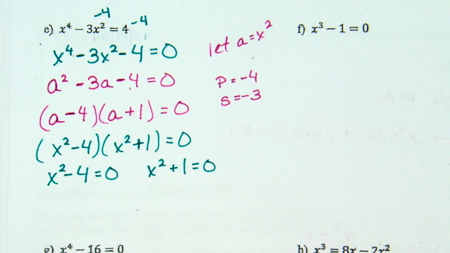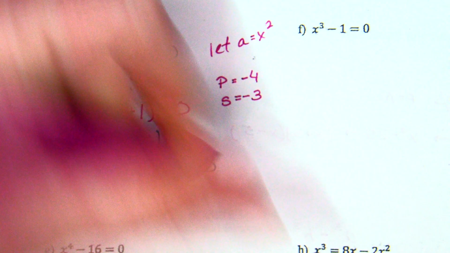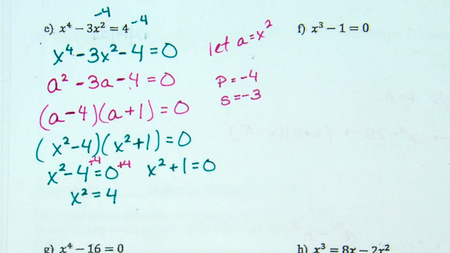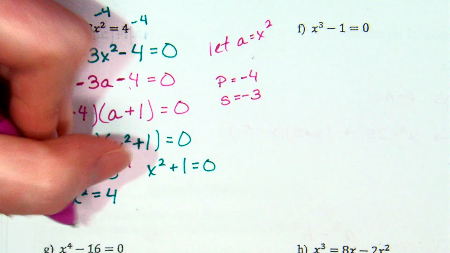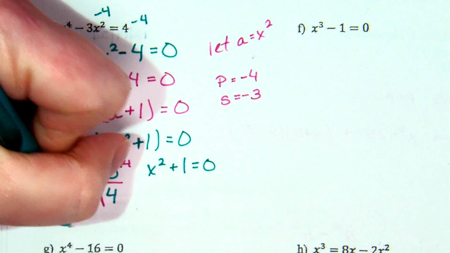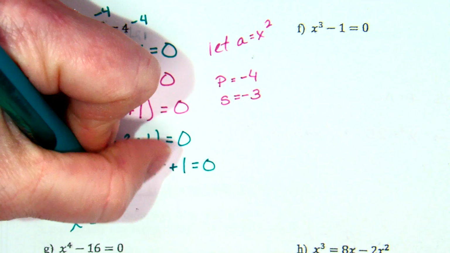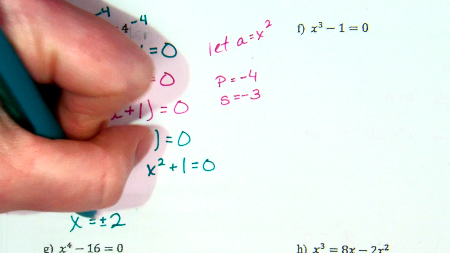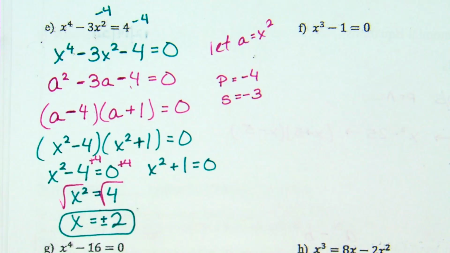Since it's just x squared, I can get x squared by itself. Since it's x squared minus 4, I can add 4. And then I'm going to have x squared equals 4. If x squared equals 4, we're going to square root. Good. What happens when I square root x squared equals 4? X equals 2 and -2. Or in other words, plus or minus 2. Remember when you take a square root in an equation setting, plus or minus.